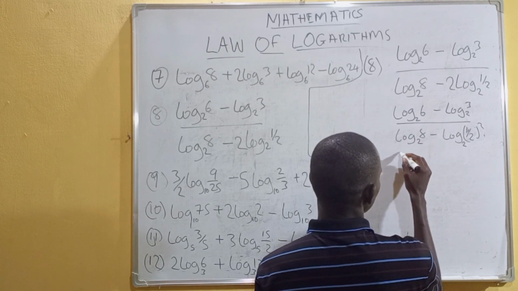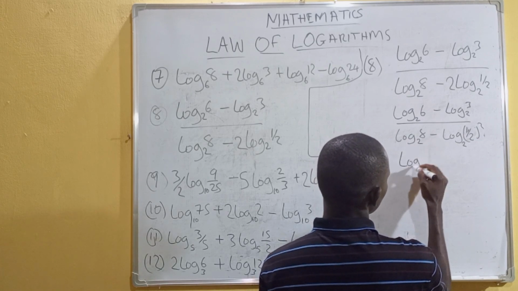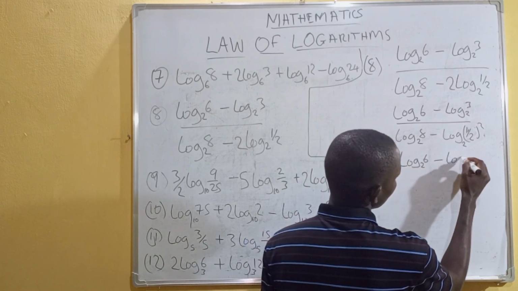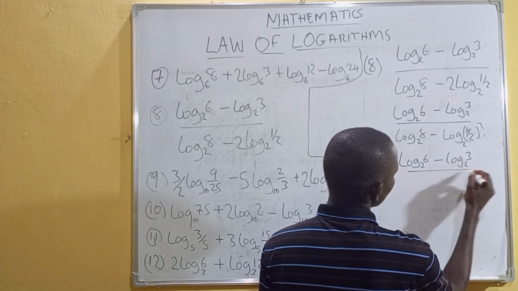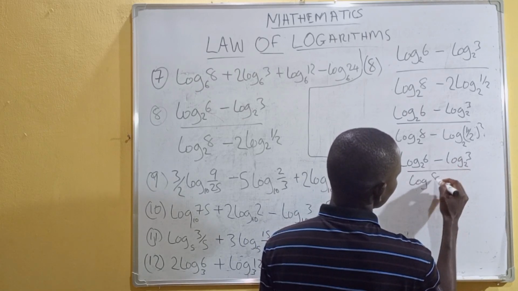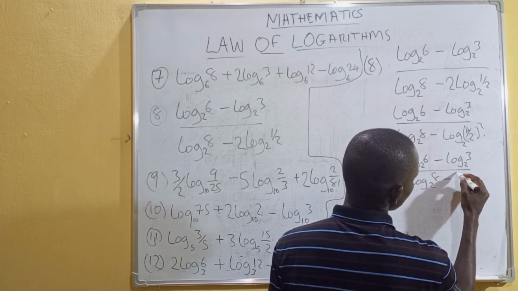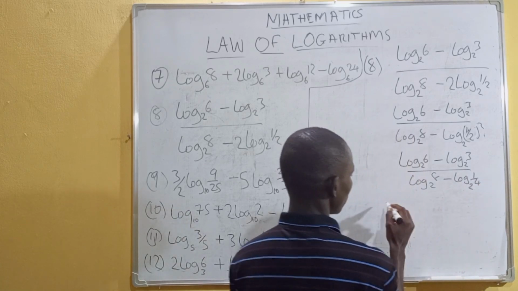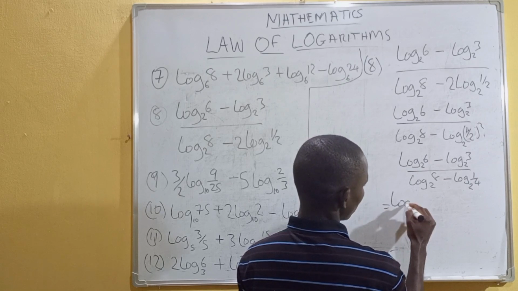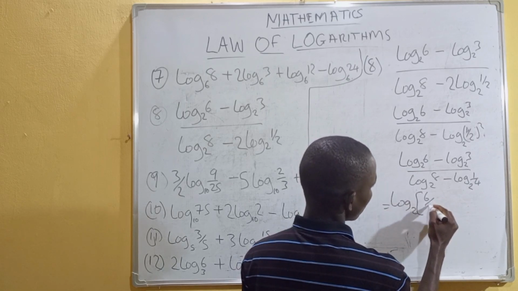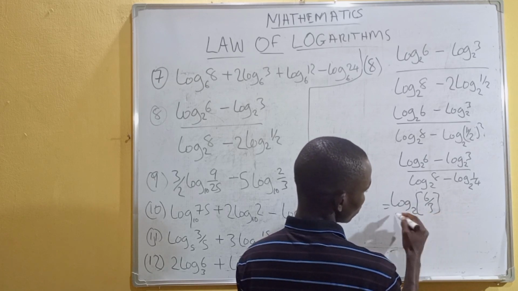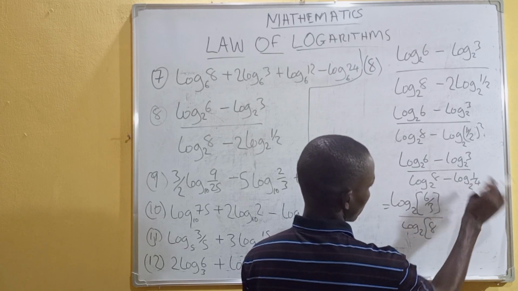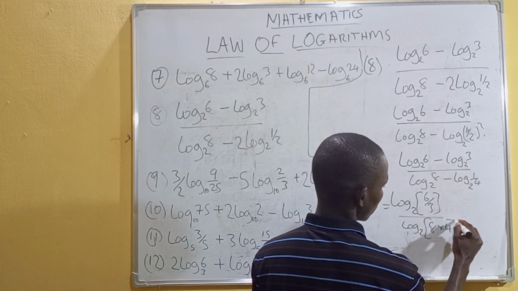So this will now be log 6 of 2 minus log 3 base 2 over log 8 base 2 minus log 1 all over 4 base 2. So this will now be equal to log of base 2, which is 6 divided by 3 over log of base 2, which is 8 times the inverse of this times 4.